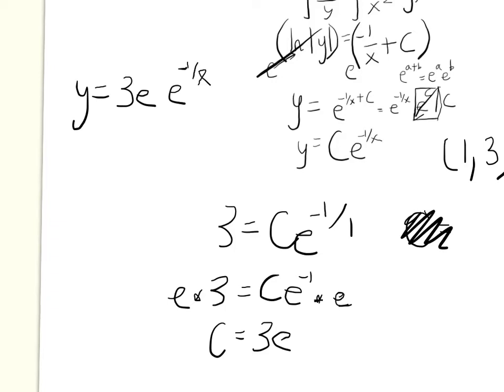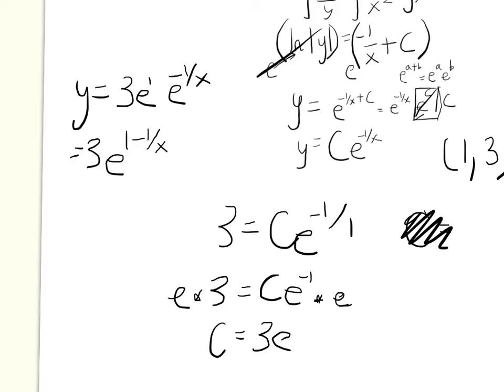What can we do with those e's? It's e to the 1, times e to the negative 1 over x. I'm sorry, yes, negative 1 over x. There we go. So it's like e to the 1 minus 1 over x. So this is 3e to the 1 minus 1 over x.